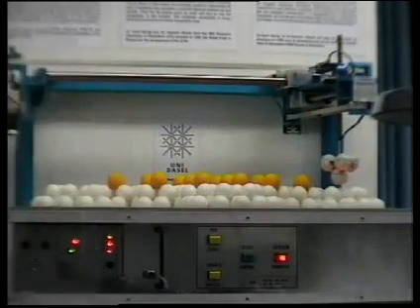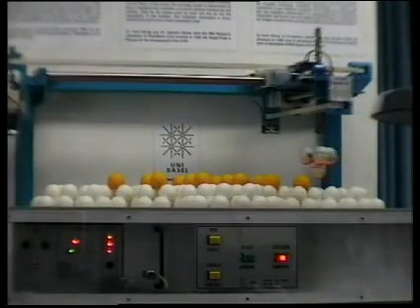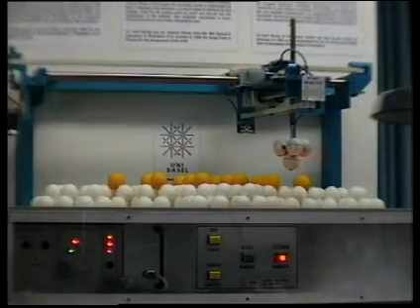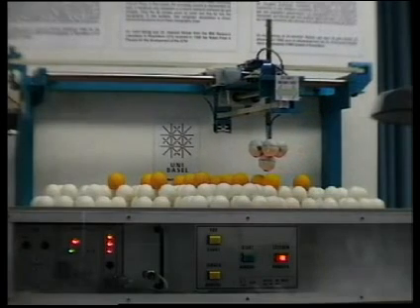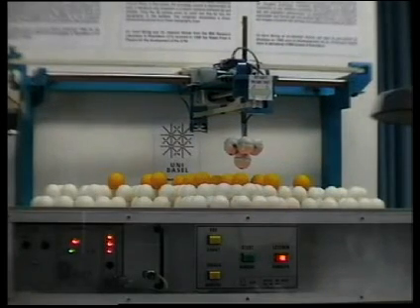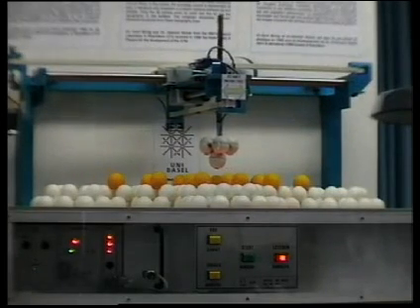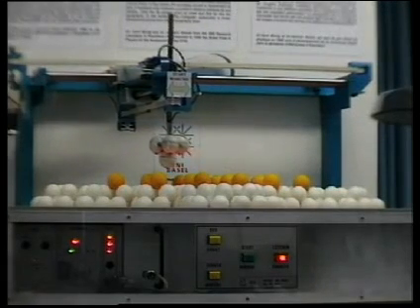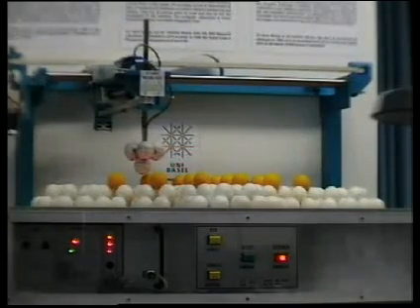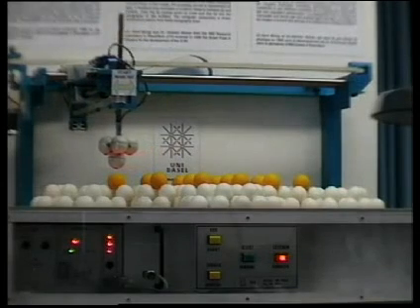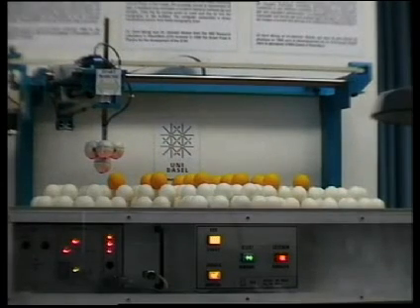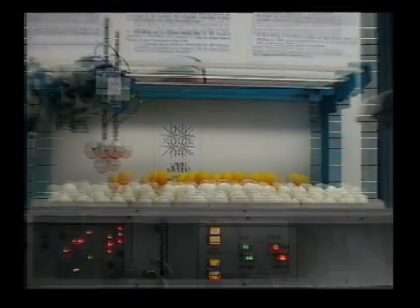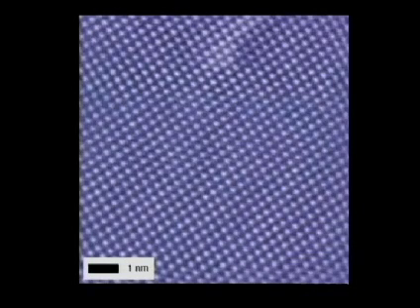It's shown here where a tip moves across the surface of a silicon model, and a very sharp tip really senses atom by atom. The path of the tip is then recorded on a computer. Scanning the surface line by line gives us a three-dimensional image of the atomic surface.